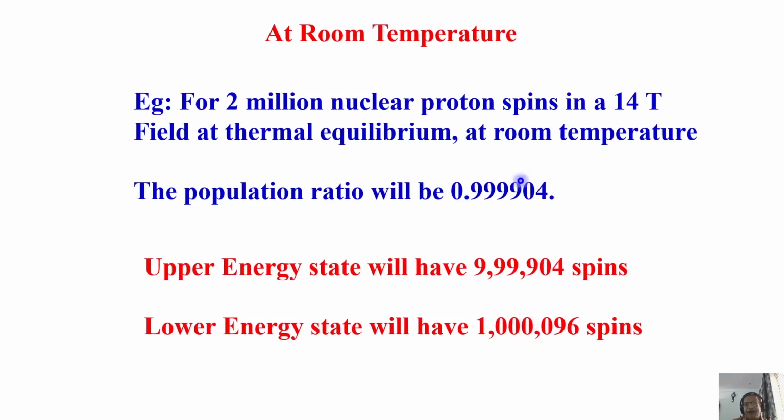It approximately matches, up to the third or fourth decimal place. If I take a big calculator, I can work it out exactly. Roughly, I did a mental calculation and these are the numbers I got, but it won't be very different. If you want, you can find out. You know n alpha by n beta is this ratio, and if the total number is 1 million, it is simple primary school mathematics. You can work it out.